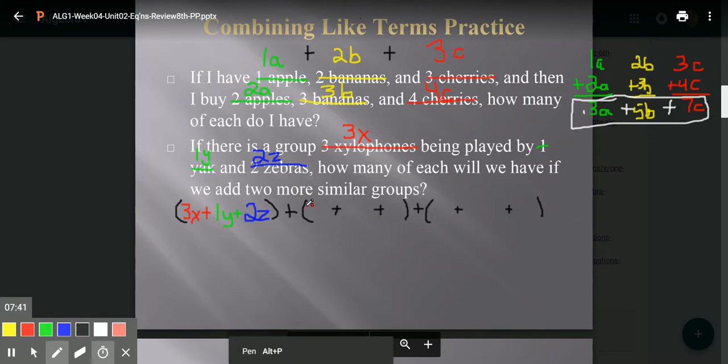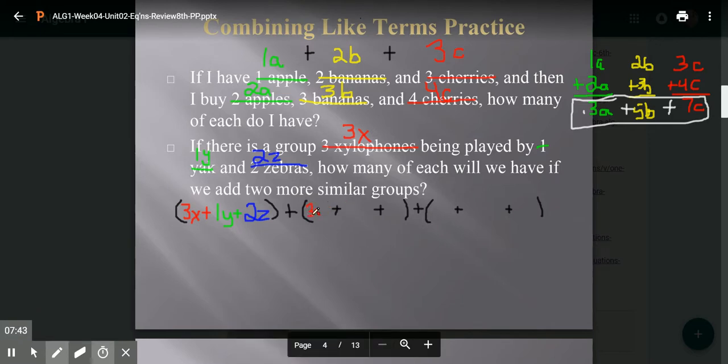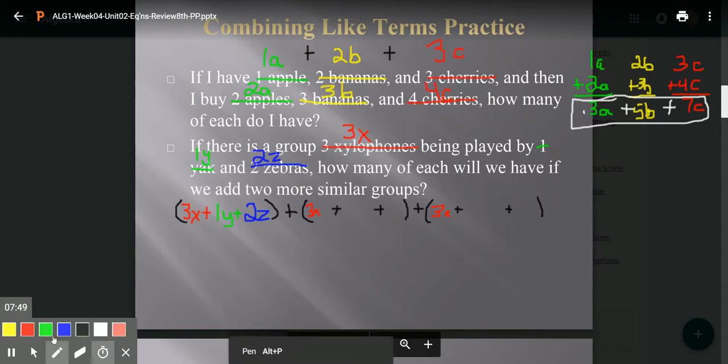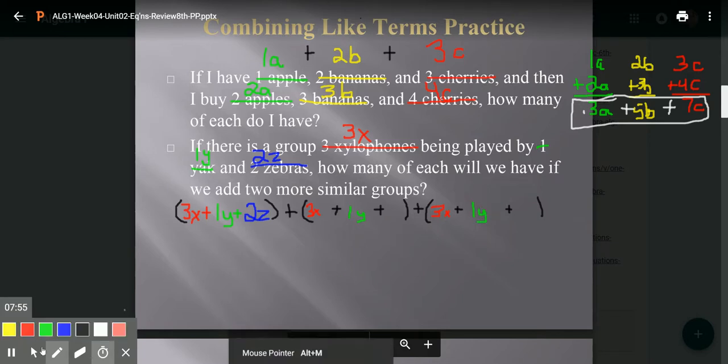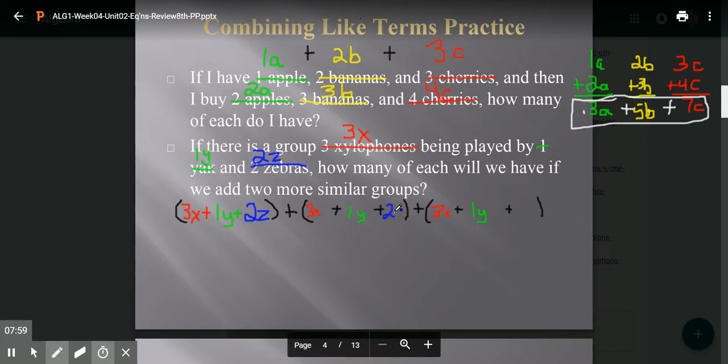And then there's similar groups, so each one's going to have 3 xylophones, or 3x. And each one's going to have 1 yak, so 1y. And each one's going to have 2 zebras, so 2 zebras.